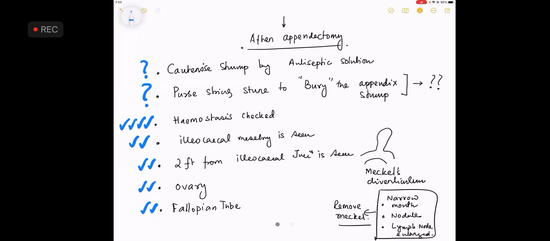I hope you understand what these symbols mean. Complete?